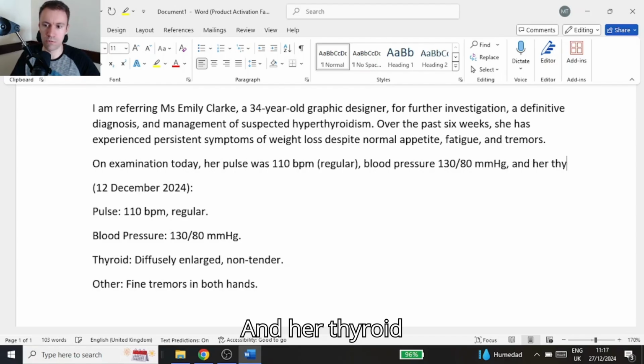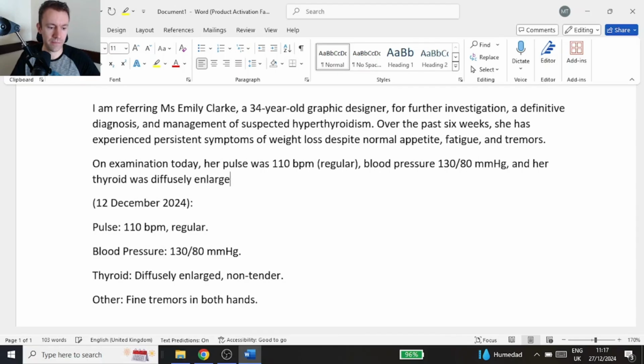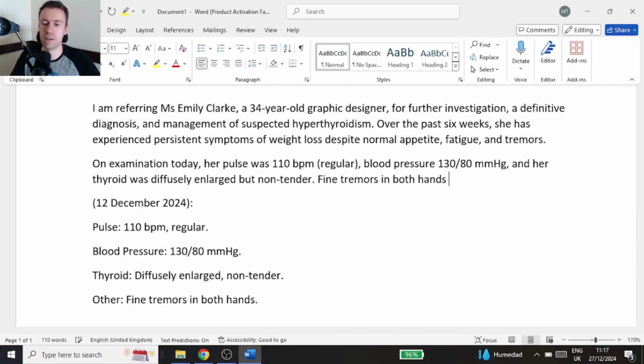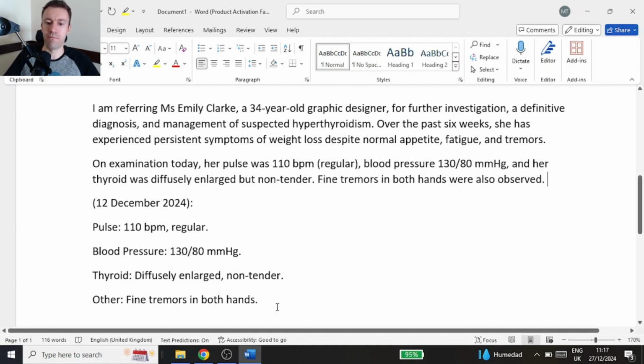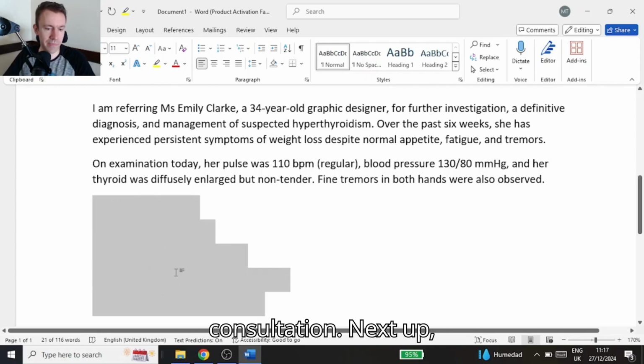And her thyroid was diffusely enlarged but non-tender. Fine tremors in both hands were also observed. There, in 2 sentences, we've succinctly summarized the details from the most recent consultation.